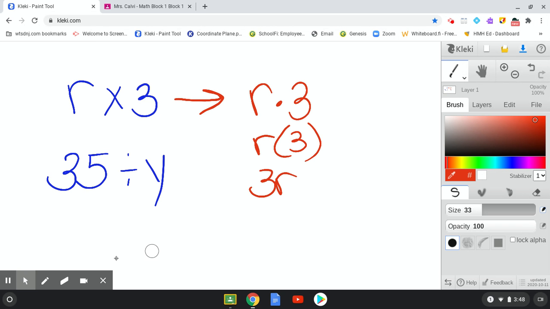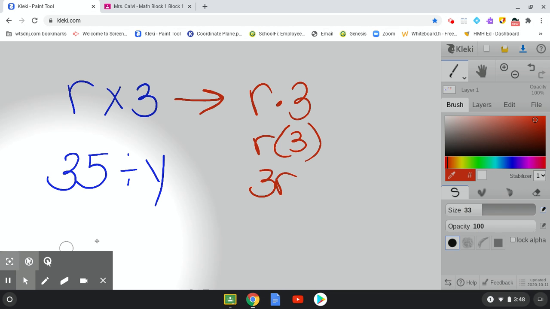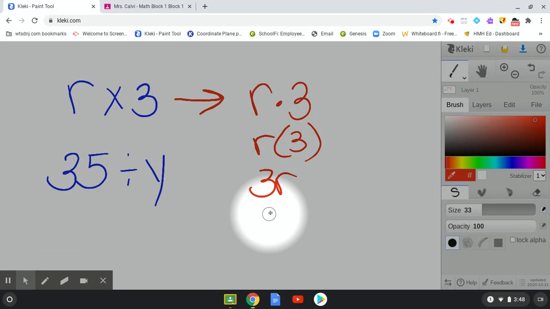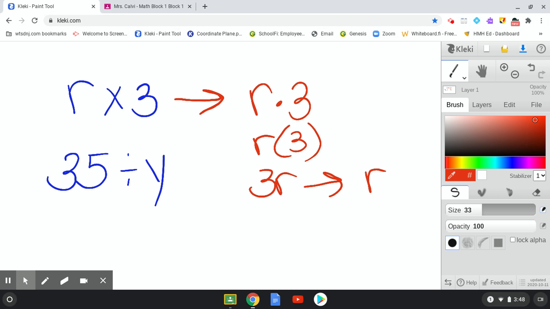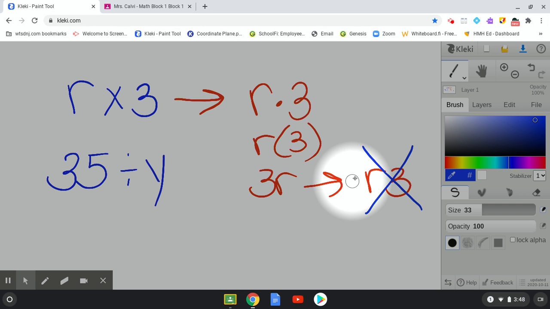So when I have a number right next to a variable, it means multiplication. You always, always, always put the number before the variable for multiplication only, okay? So I would not write r3. That is not something you do. You do not put the variable before the number. You always put the number before the variable.